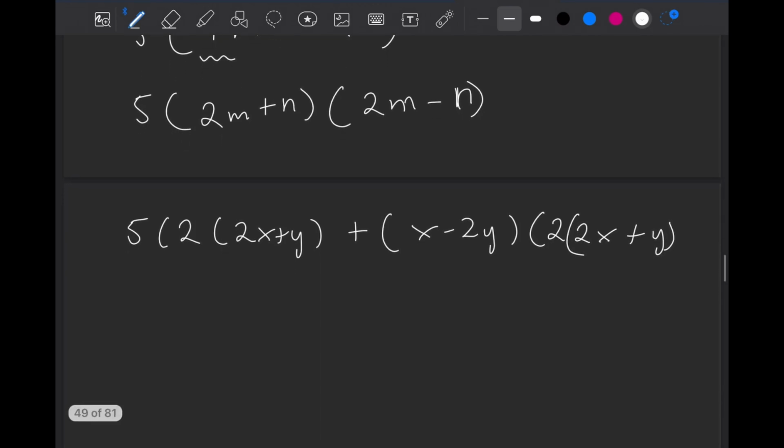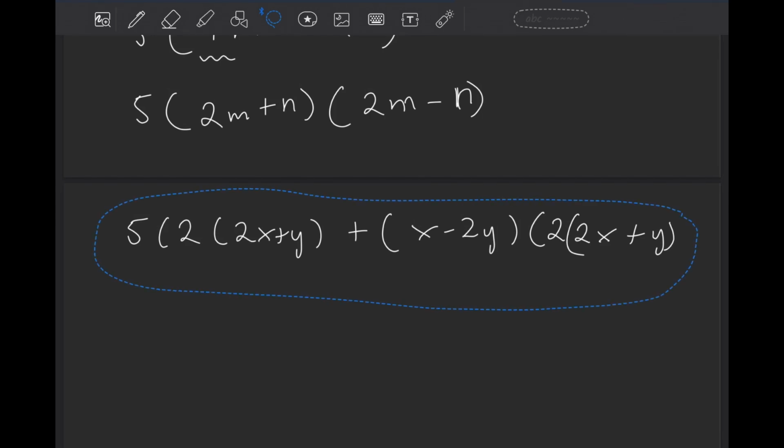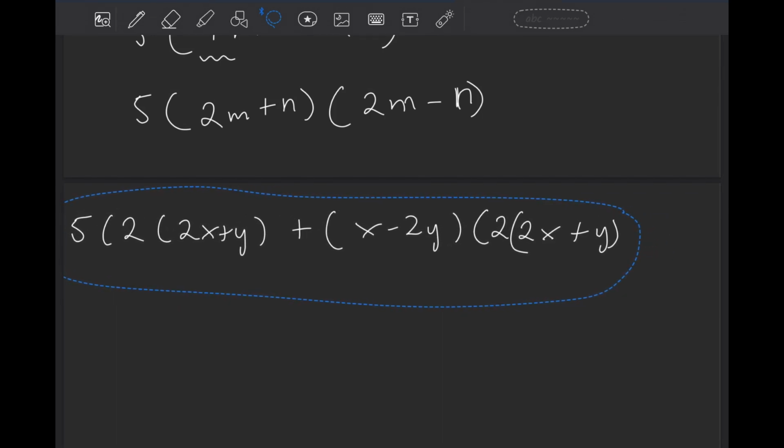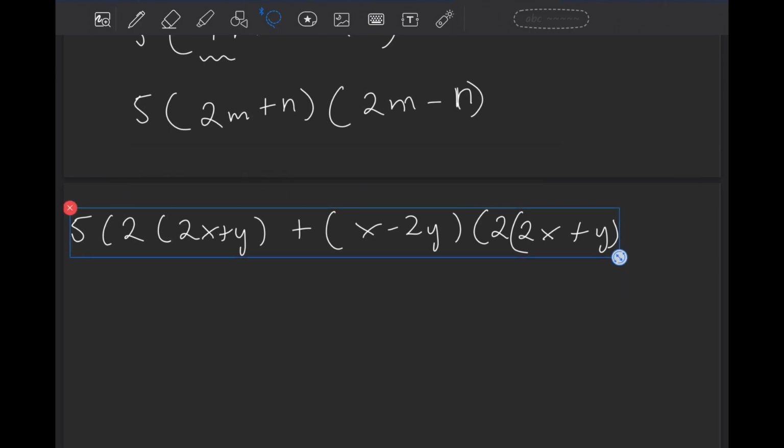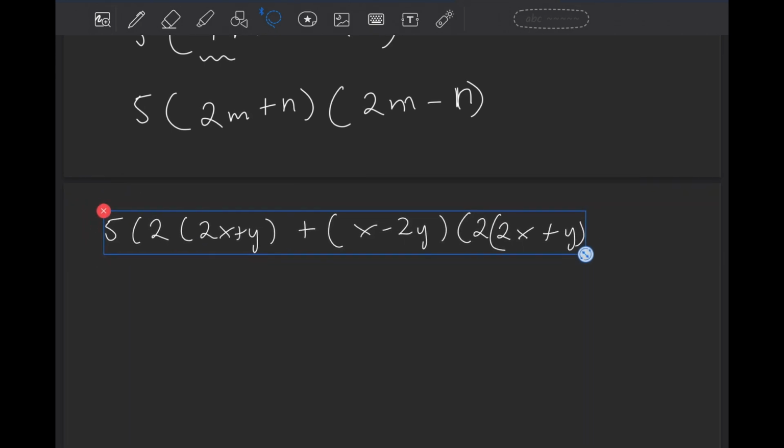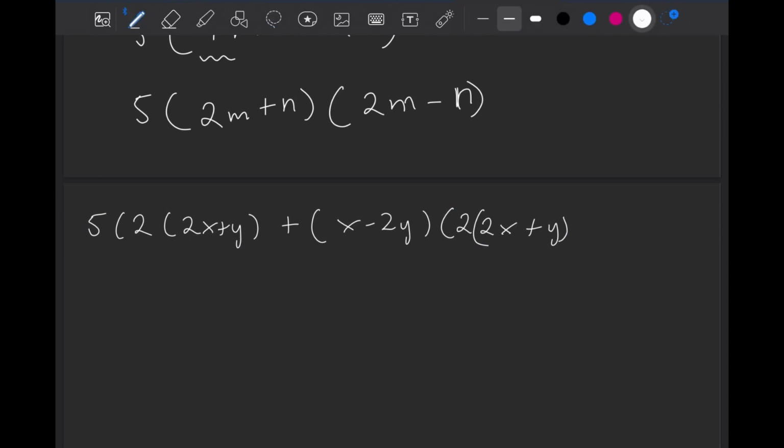I'm just going to make this smaller. But that's the idea basically. We just want to put m and n back into the equation, and we'll get minus x minus 2y.